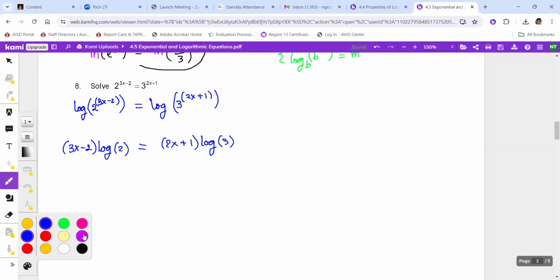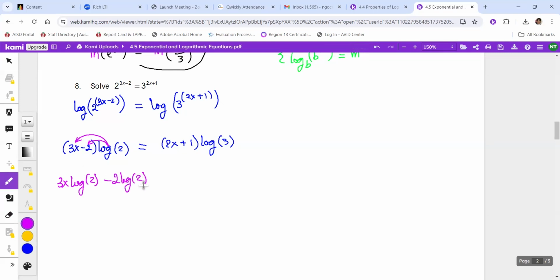Okay, so now the next step, we can go ahead and distribute. This gives 3x times log base 10 of 2 minus 2 times log base 10 of 2. So that is the left side. Now the right side, we do exactly the same thing. We distribute the log base 10 of 3 to remove our parentheses.